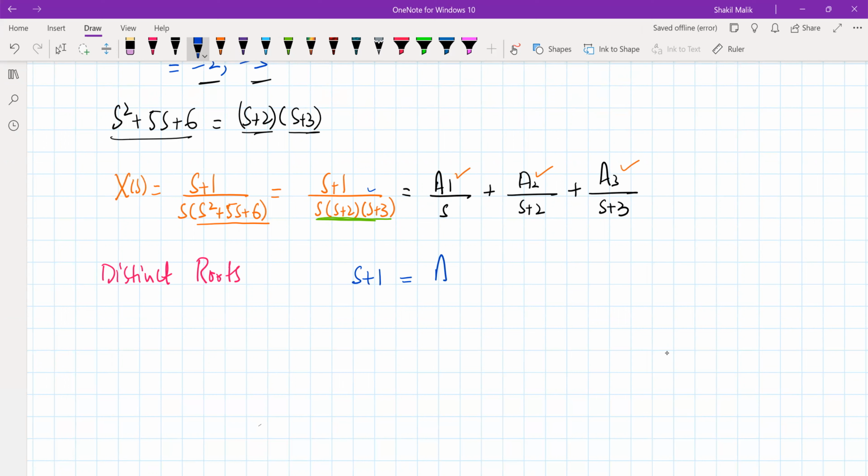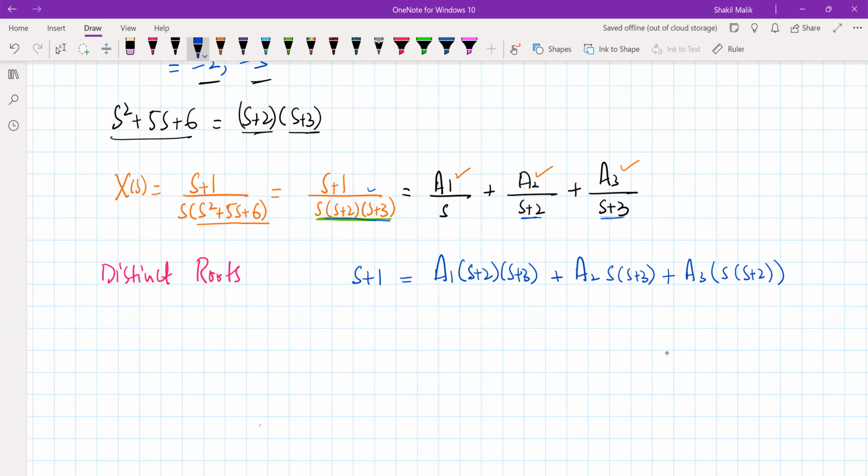That will be equal to a1 into s plus 2 and s plus 3, since s and s cancel, plus a2 into s into s plus 3, since s plus 2 gets cancelled from numerator and denominator, plus a3 into s into s plus 2, since s plus 3 gets cancelled.